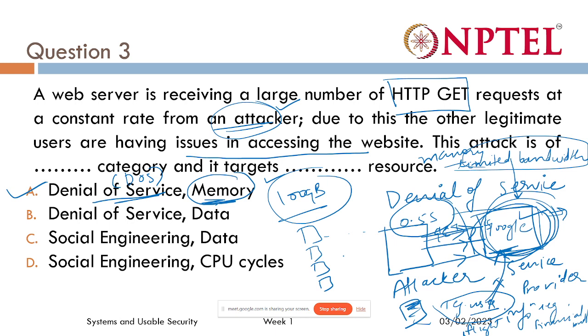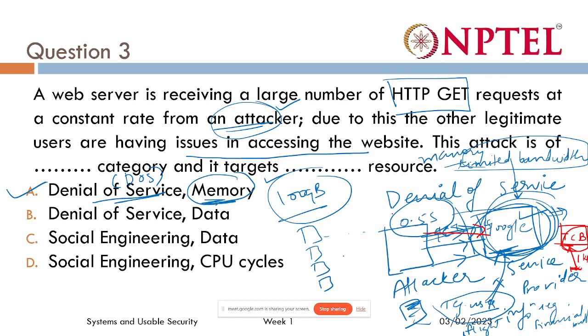Because these GET requests come with a certain chunk of memory. When I pass this request to the server, it gets stored. If you remember, there is this transmission control block, where this memory gets stored, and this will occupy some memory at the server. Let's say it's occupying one kilobyte for one request, and if there are 100 or 1,000 such requests coming, then the entire memory of the server will be exhausted.